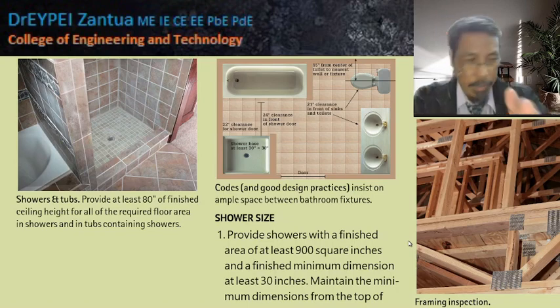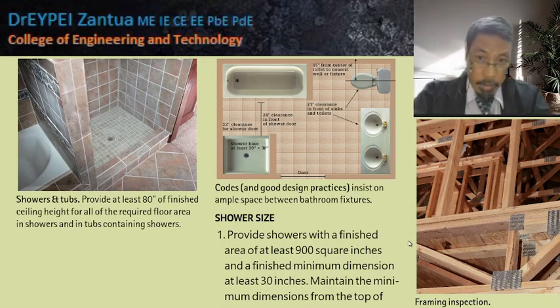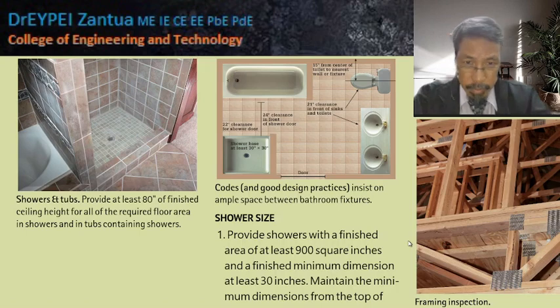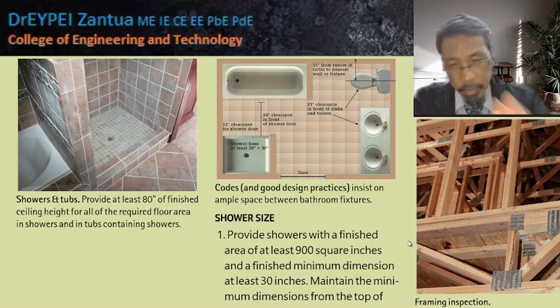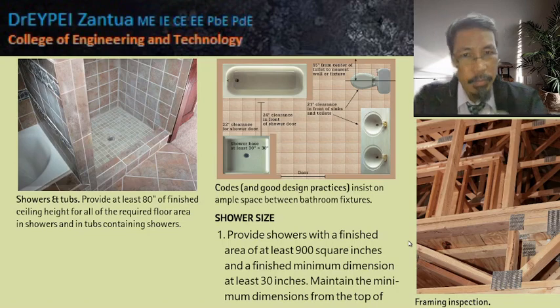We have this in the National Plumbing Code of the Master Plumber and the National Plumbing Code of the Sanitary Engineer in the Philippines. Codes and good design practices insist on ample spaces between bathroom fixtures. So we have these dimensional requirements, clearances. We have 15 inches, that is 1.5.